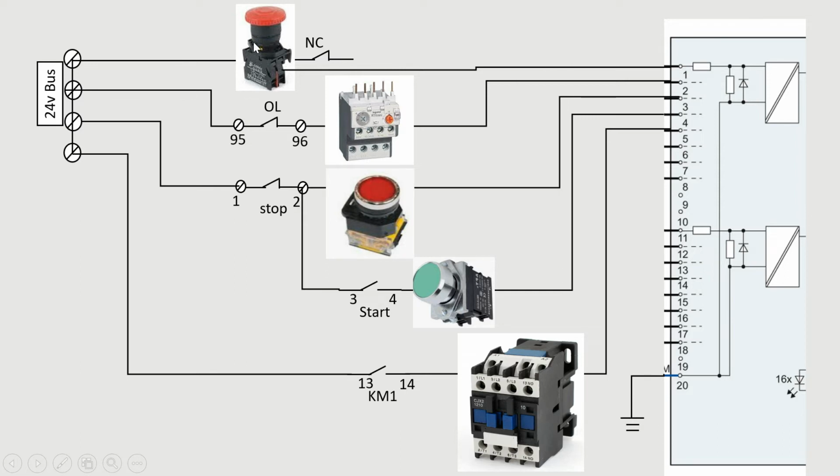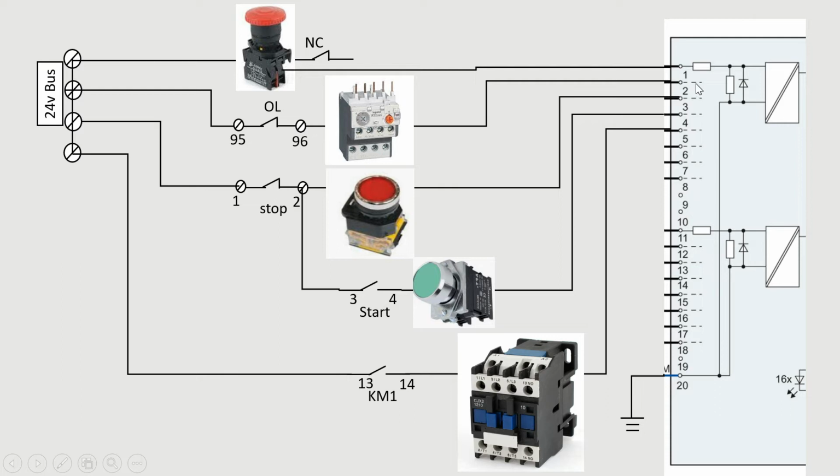E stop is the first input, and 24 volt comes from this E stop switch to terminal 1, and from the overload, 24 volt goes through this NC signal of the overload relay to terminal 2.